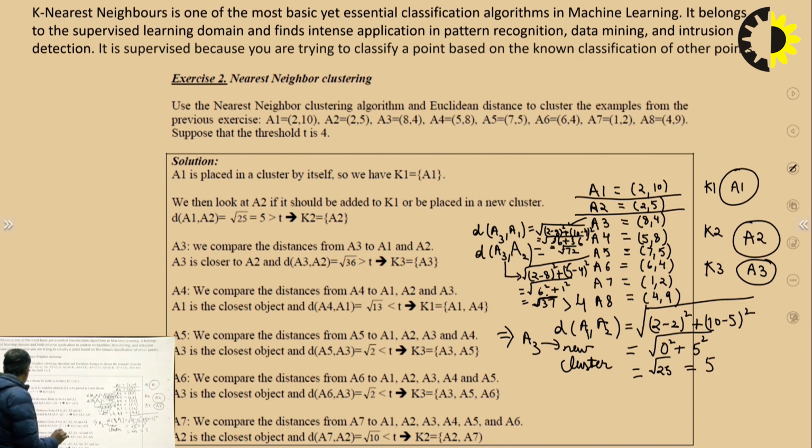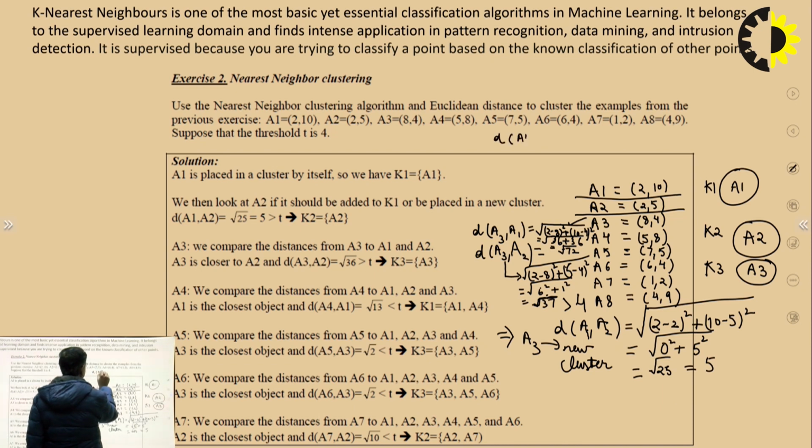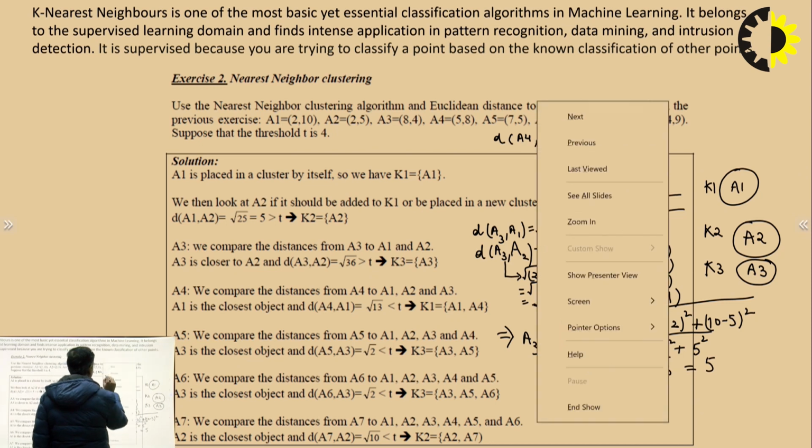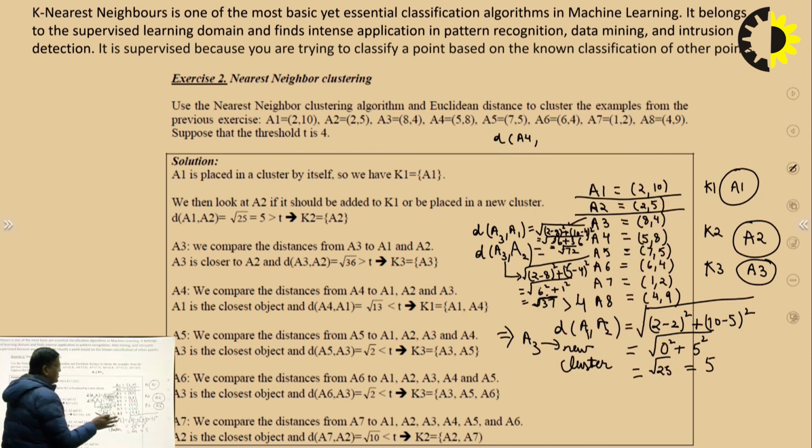Now when we go to point 4, coordinate 5, 8, we will have to calculate the distance dA4 with all the points present in all the clusters.